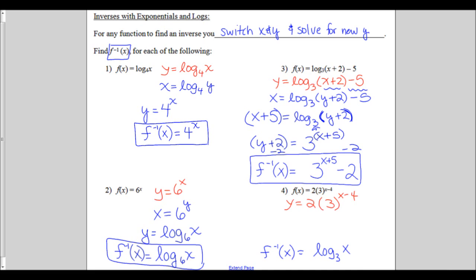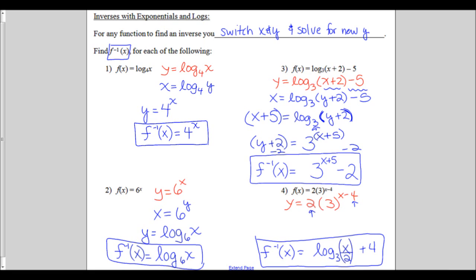The opposite of subtract 4 inside is going to be add 4 outside, and the opposite of times 2 outside is going to be divide by 2 inside. If it's inside, I need to put that inside the logarithm there. So this is my inverse function. F inverse is the log base 3 of x divided by 2 plus 4.